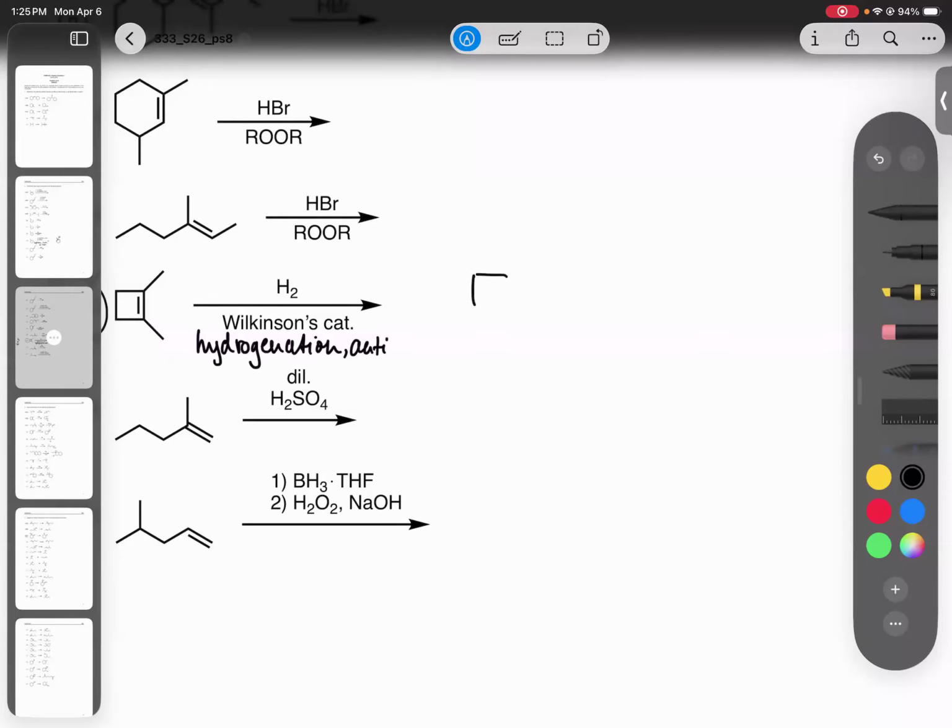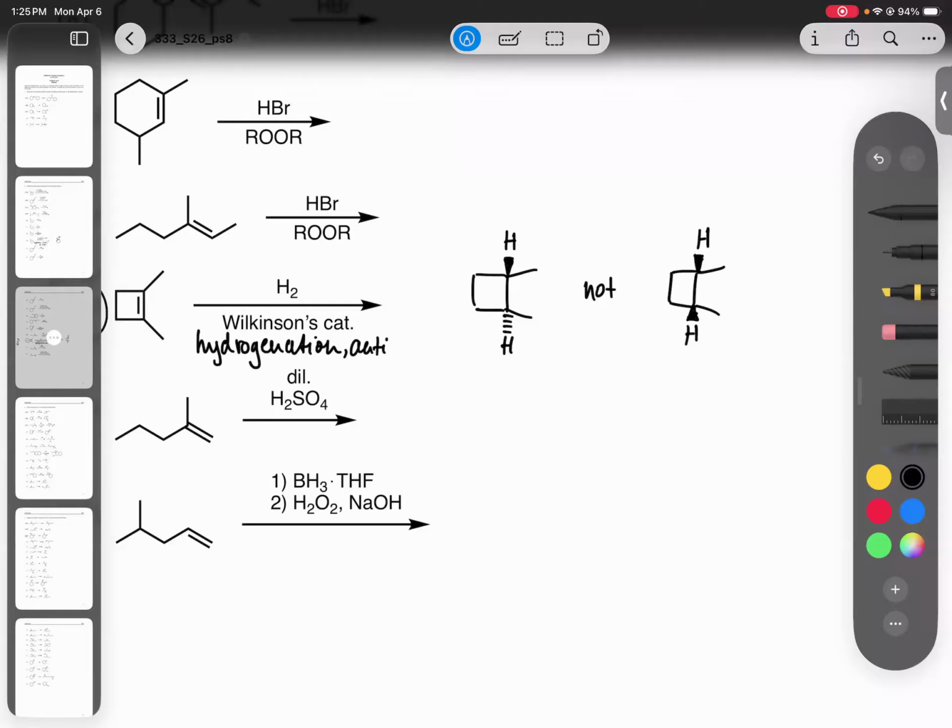So this is not really an adequate answer. What we need is something that shows that the two hydrogens are anti to each other, as opposed to what we would get if we used palladium and H2, or platinum, which is both of the hydrogens on the same side, whether both on wedges or both on dashes, doesn't matter.